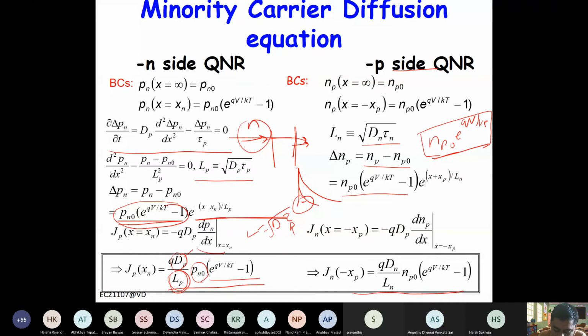Then another one is, of course, the Pn naught and exponential QV by KT. Now Pn naught is basically a little interesting. If you want to increase the current, this Pn naught should increase. How will you increase Pn naught? You will decrease the doping on this side.